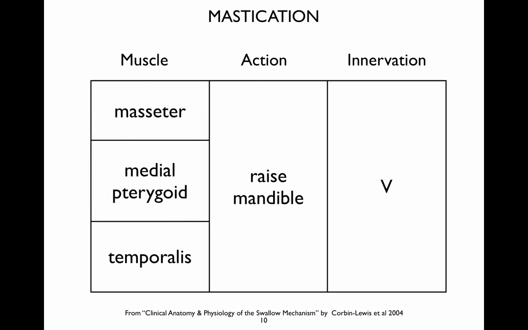During mastication, the muscles in use are primarily those innervated by cranial nerve 5. So these would include the masseter, the medial pterygoid, and the temporalis. Those are the mandibular elevators that are so helpful in mastication.